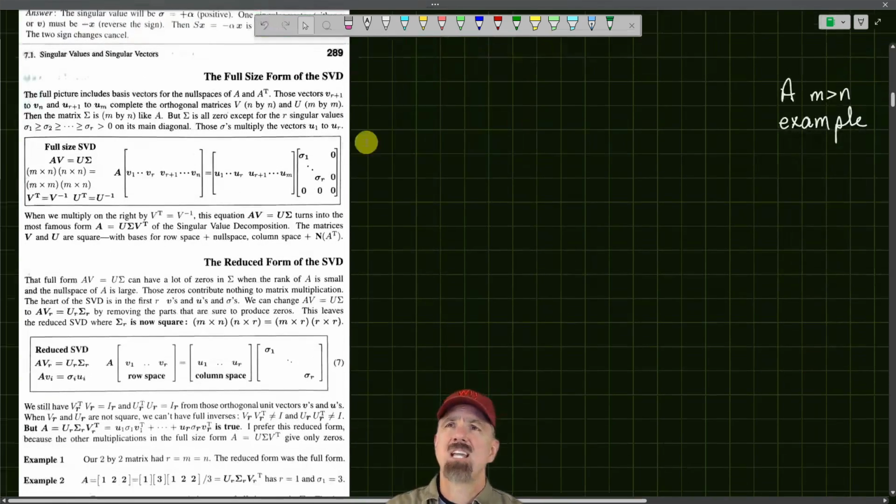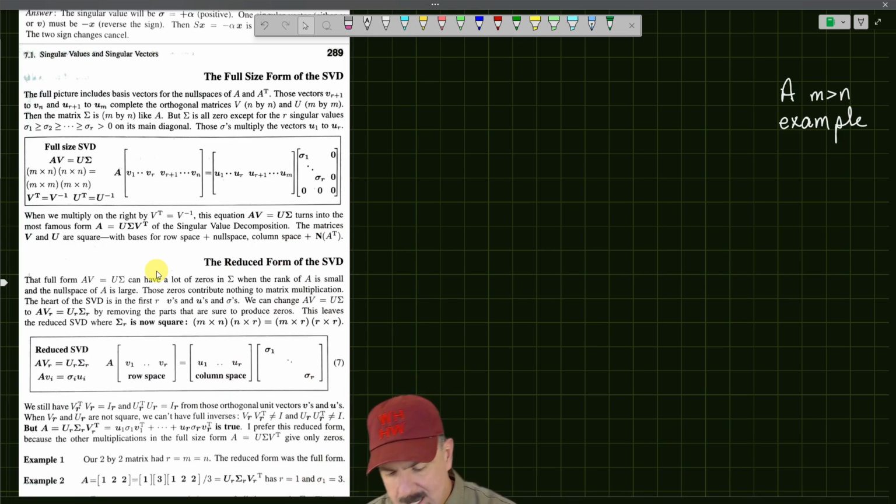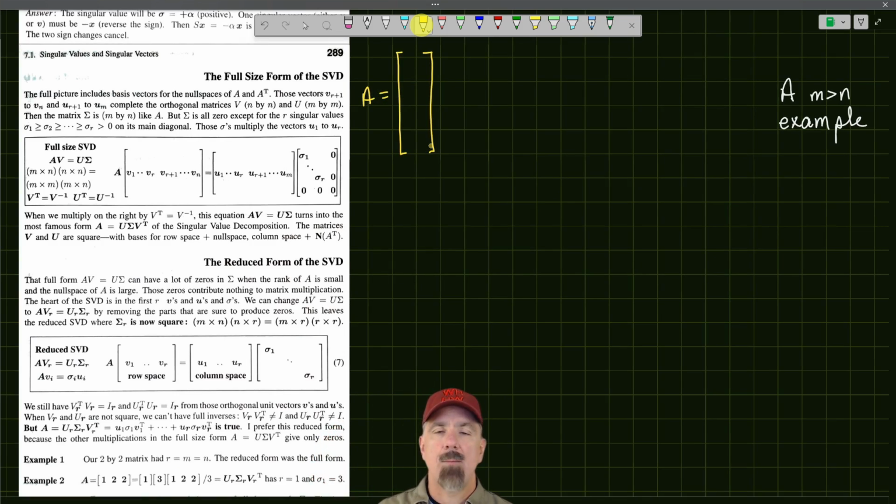Okay, let's take a look at the reduced form, also known as the economy form of the singular value decomposition. What I want to do is just walk through the sizing, give you an idea of what it is we're talking about. Imagine for a minute that we have A, and A is some matrix with a whole lot more rows than columns, just as an example.